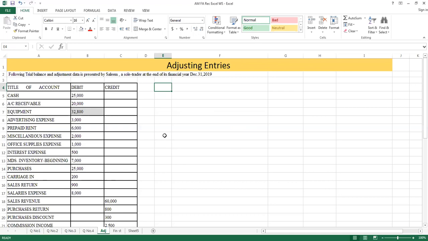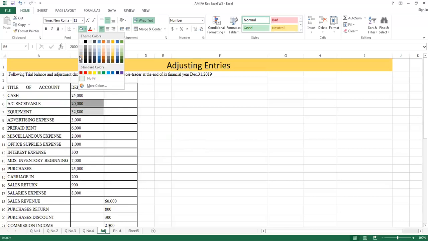Now look at your trial balance. The second title is showing the account receivable amount, which is 20,000. This amount is indicating that the company is expecting to receive 20,000 receivable from its customers.